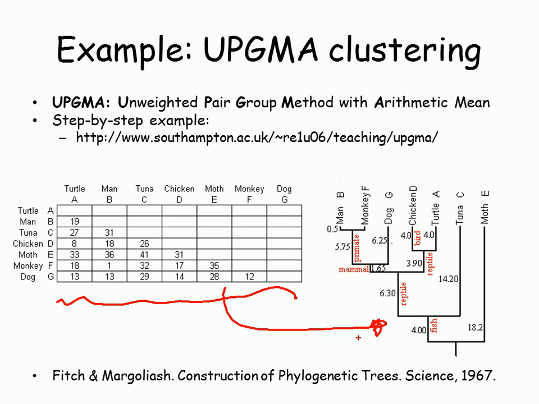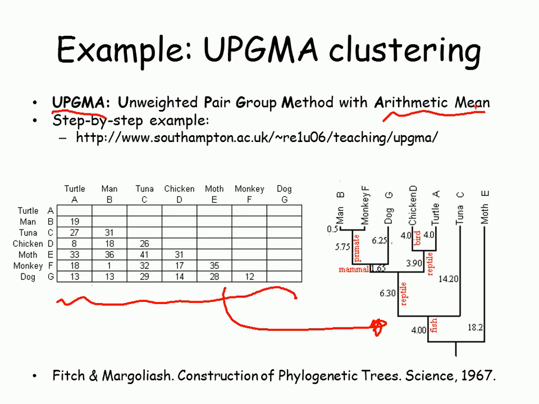Okay. So the UPGMA method, the unweighted pair group method with arithmetic mean, is a step-by-step iterative algorithm where you find the closest pair of groups, so the closest pair of species from this matrix, and then you cluster them into a single group.